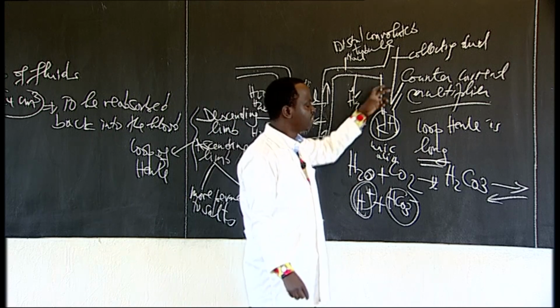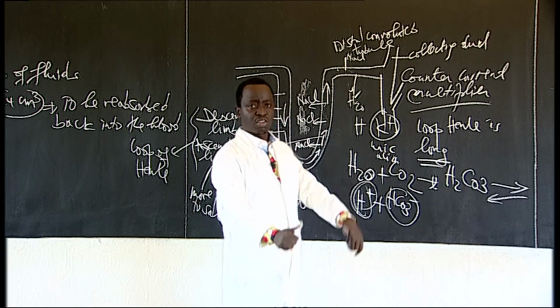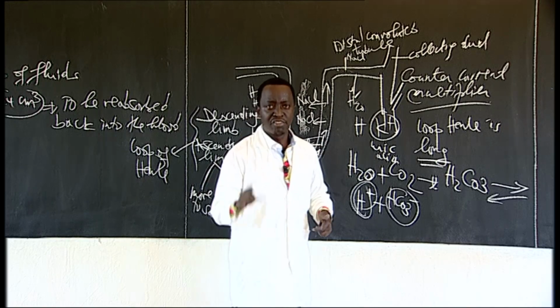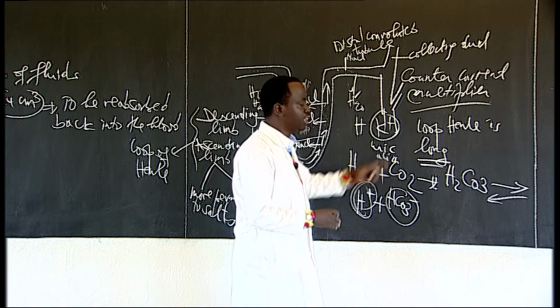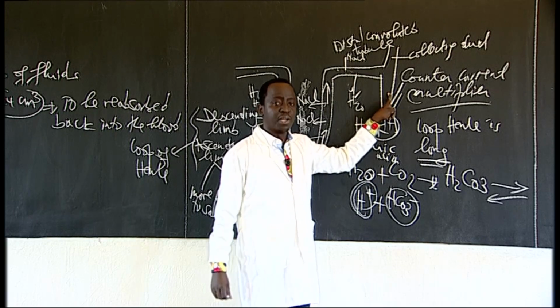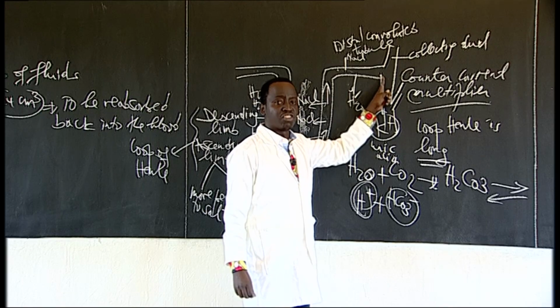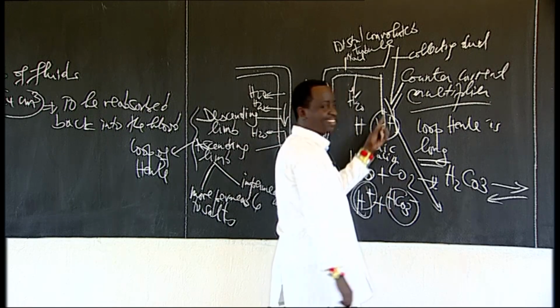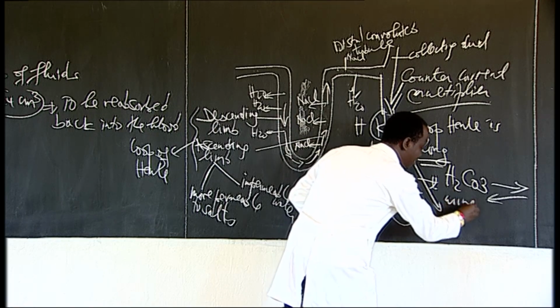Which means if there is need for some water to go back, it can allow some water and salts to go back, so that our urine is balanced with water and ions. Also, there is some secretion here. Then finally, you know what we get? The urine. Our urine is already formed.